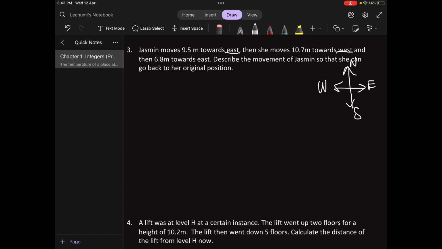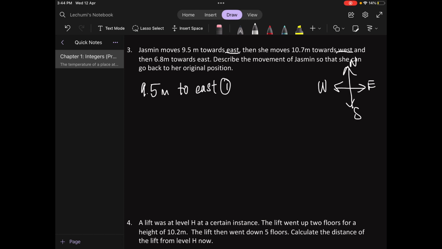Now let's list out according to the LVD mnemonic. So 9.5 meters towards east, that is the first step.